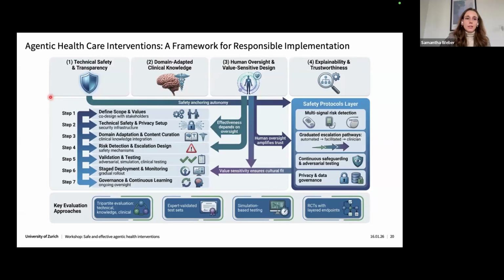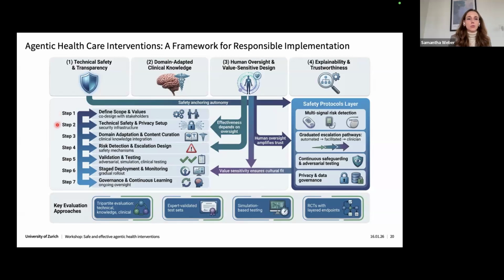To summarize, step one is always to define the scope and the value, and it's recommended to work together with stakeholders, that means clinicians or people with lived experience, to find out what the product should do.